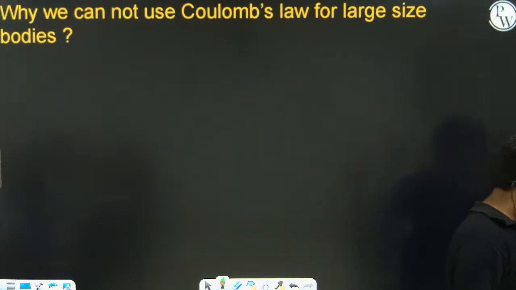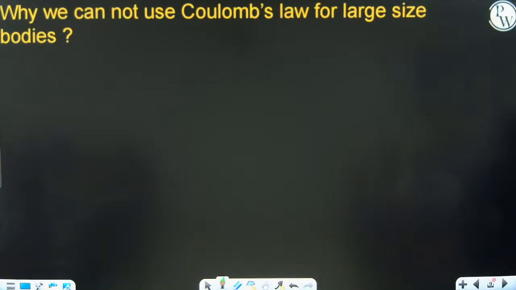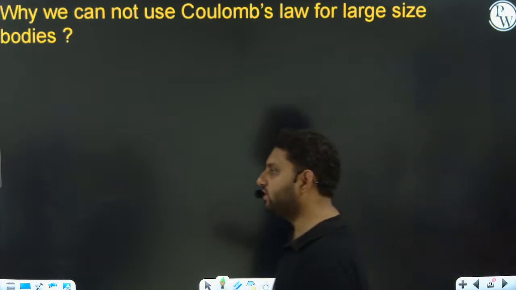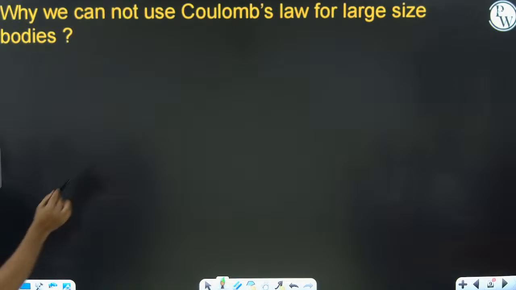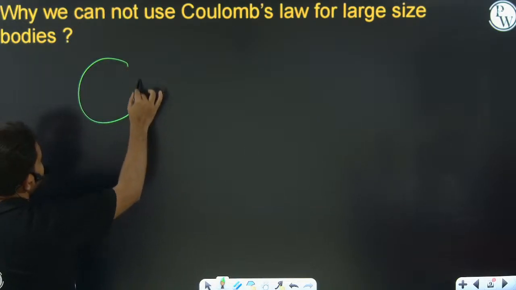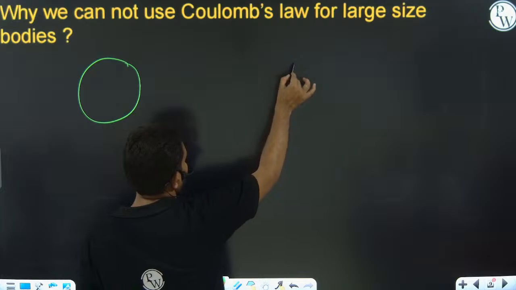Why can we not use Coulomb's law for large size bodies? I have discussed that we can use Coulomb's force only for point size bodies. The reason is very simple. Let's say this is a body and this is also a body.